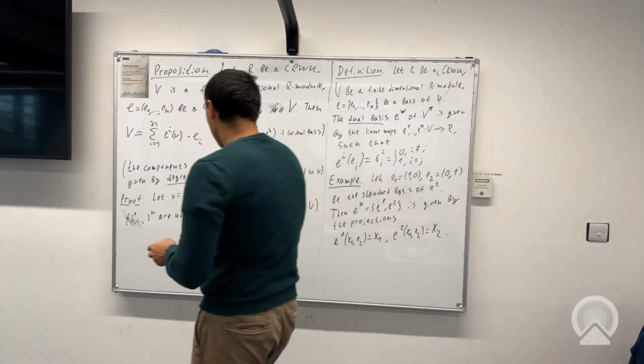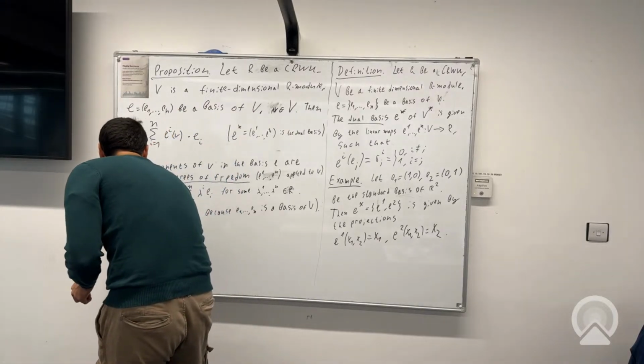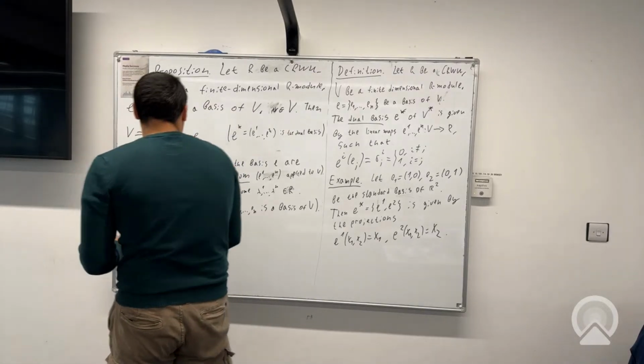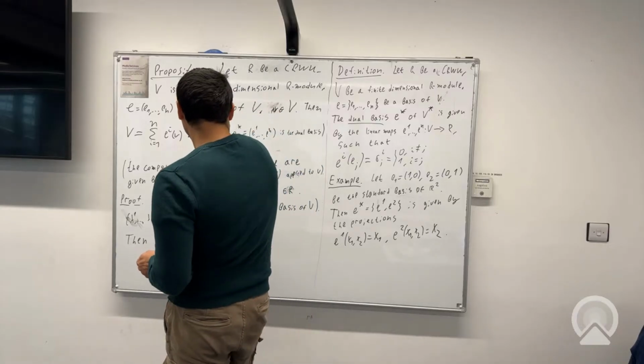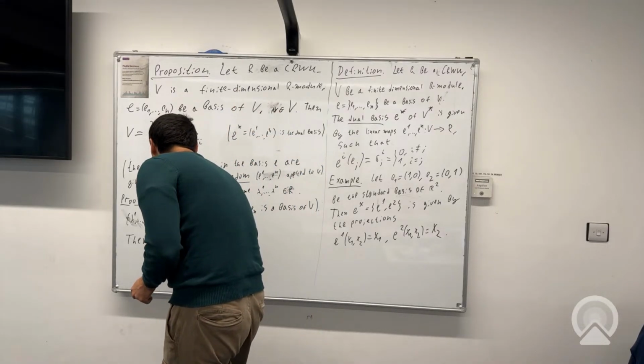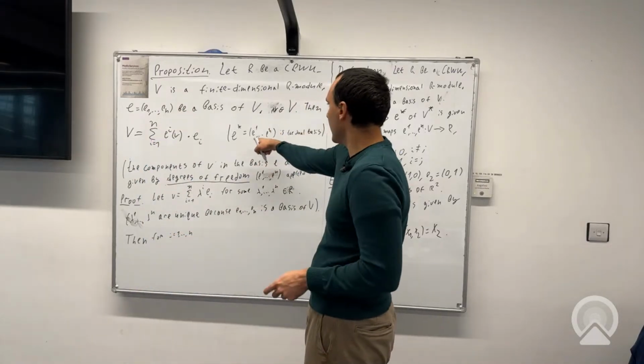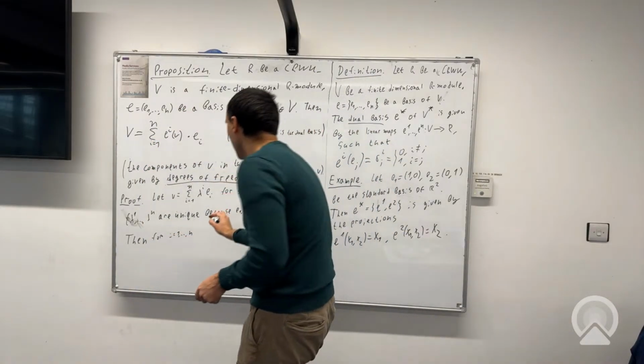And then for i equals 1 to n, we apply the dual basis E^i.